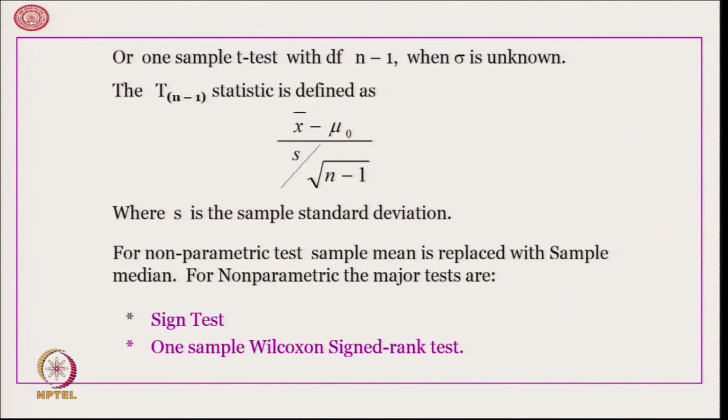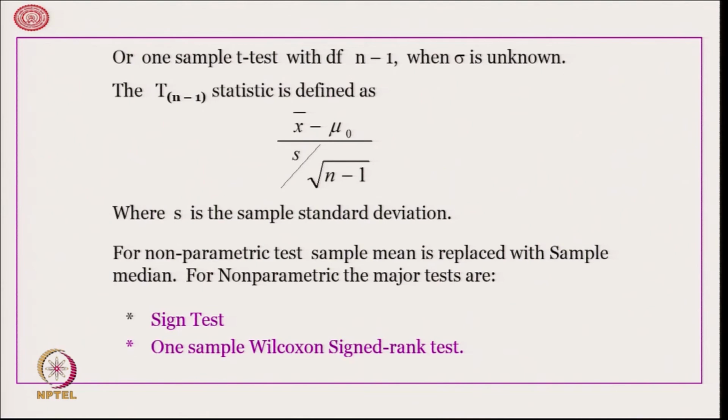Alternatively, one can use the one sample t test with n minus 1 degrees of freedom when sigma is unknown. The corresponding statistic is t with n minus 1 degrees of freedom, defined by x bar minus mu naught upon the sample standard deviation s divided by square root of n minus 1.